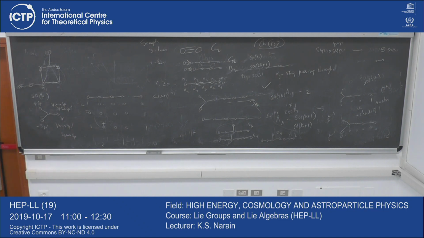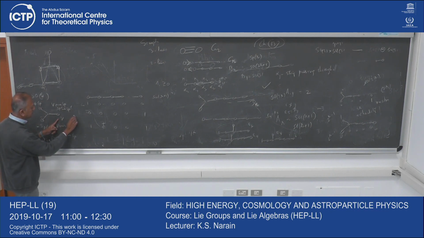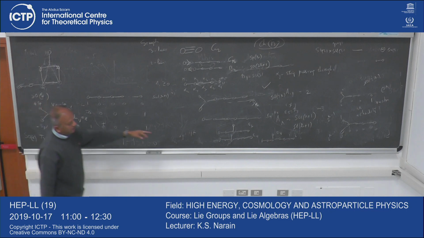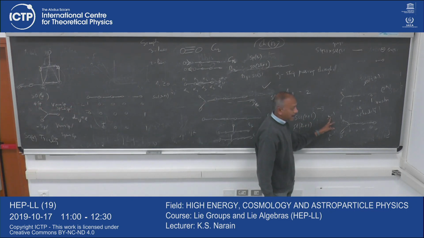This is what is called SO8 triality. Why is it possible? If we are saying that this is possible, we better check the dimensions. If the dimensions are different, there is no sense, right? But indeed, for SO8, the dimension of the vector is 8. The dimension of the spinors is 2 to the power of r minus 1, so r is 4, 2 to the 3, which is 8 again.